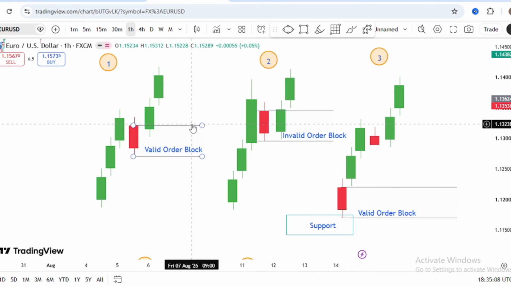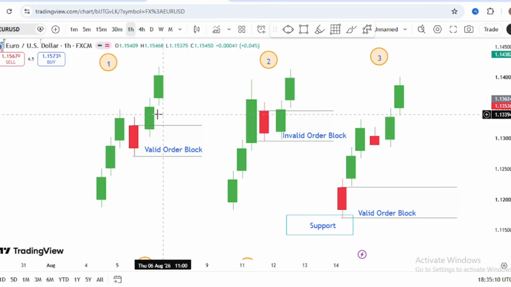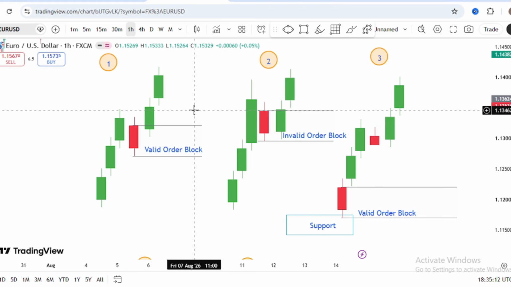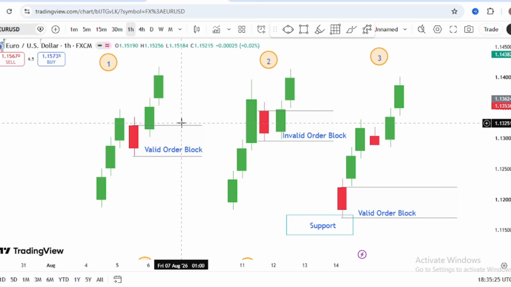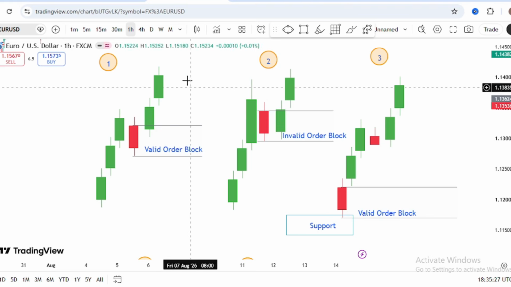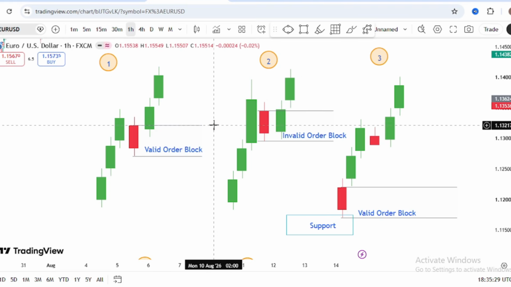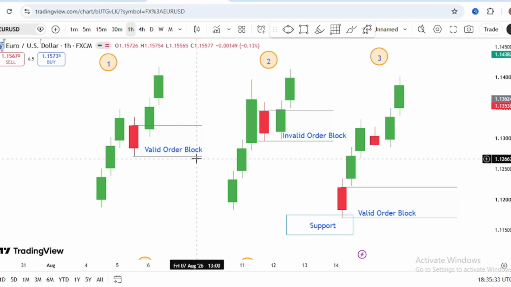What happens is that later on, price may likely return to this zone to fill the unfilled orders here. So that is how an order block is created. Traders usually place orders waiting for the price to return to this zone. So this is a bullish order block.